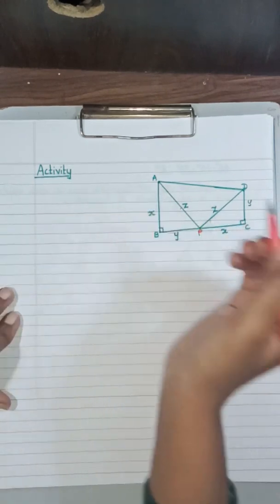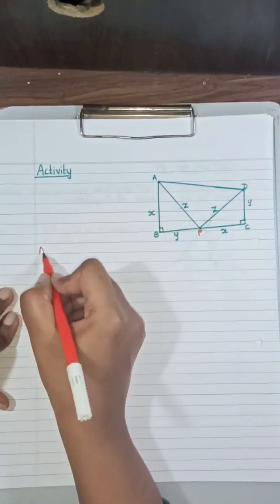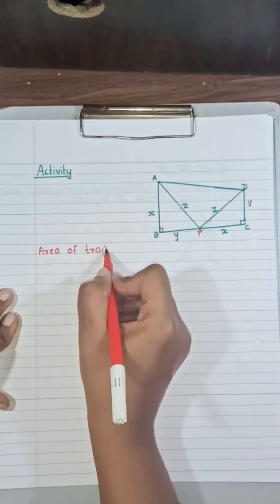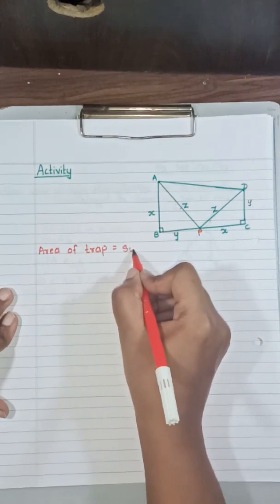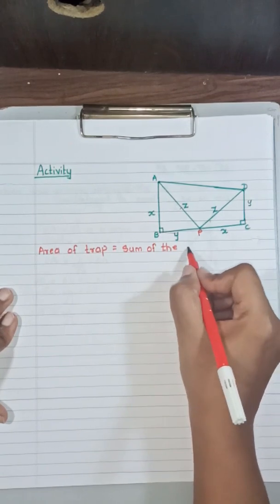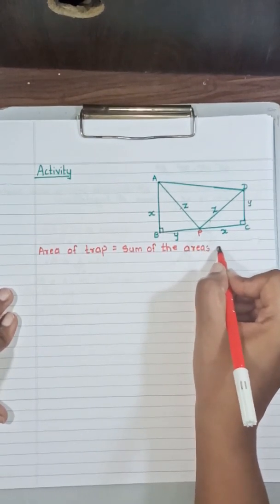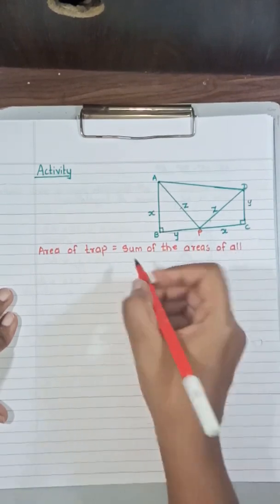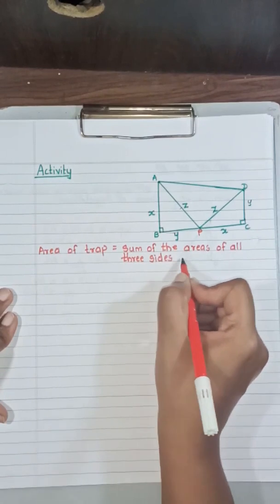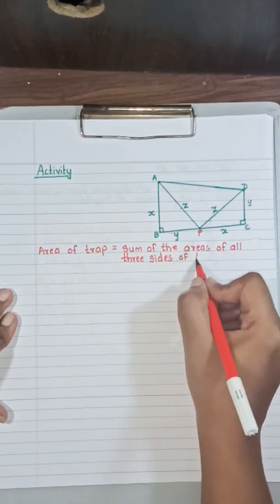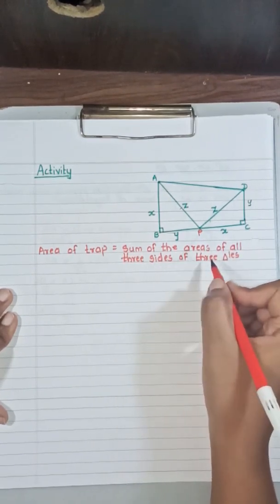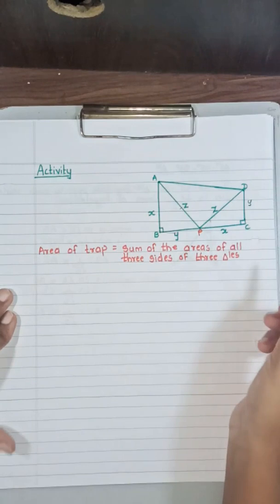Now see, the area of the trapezium is equal to the sum of the areas of all three triangles.